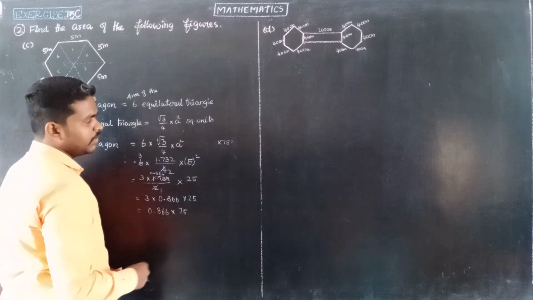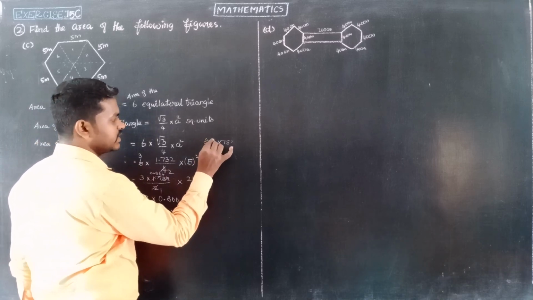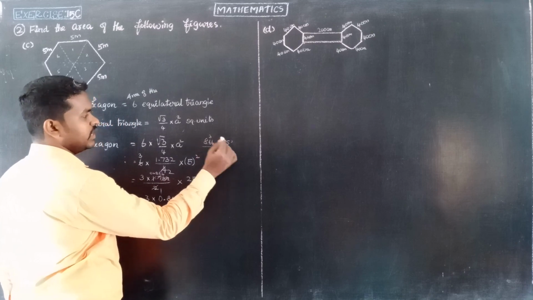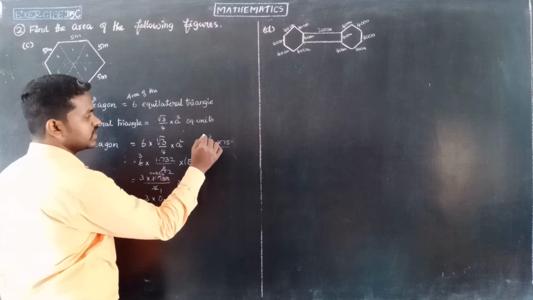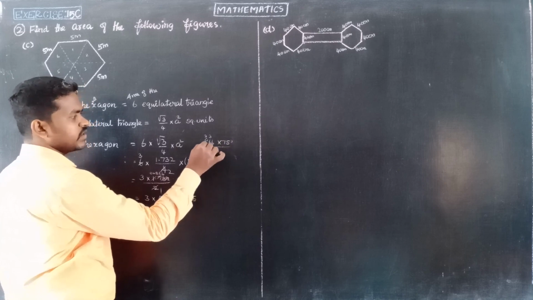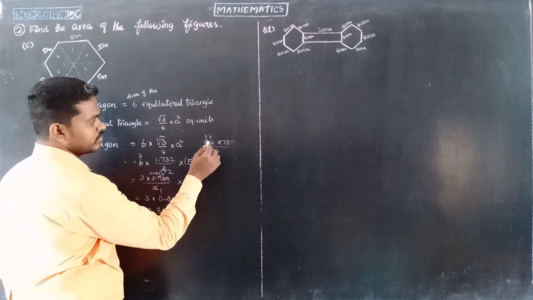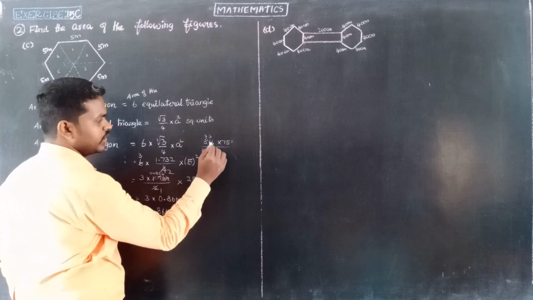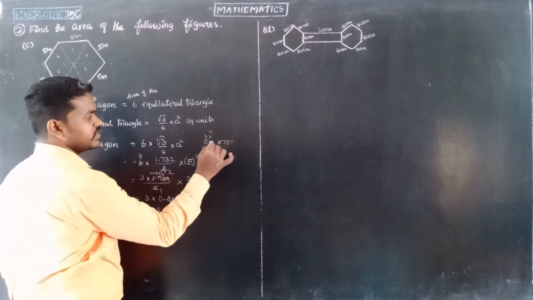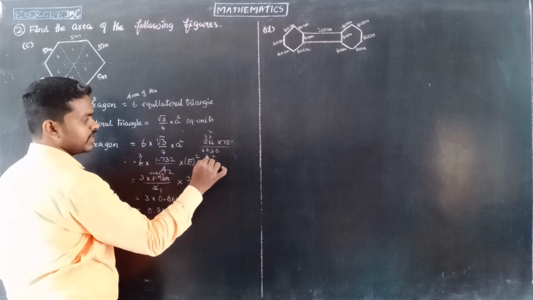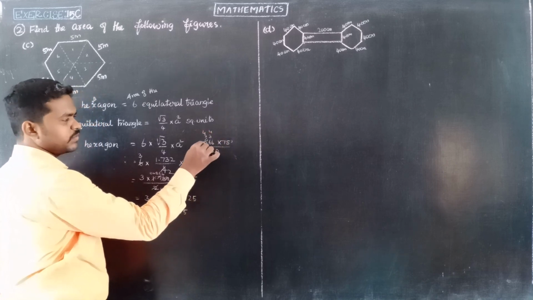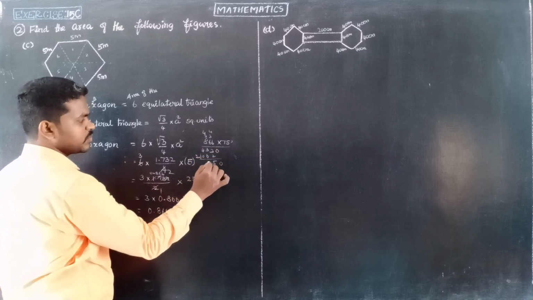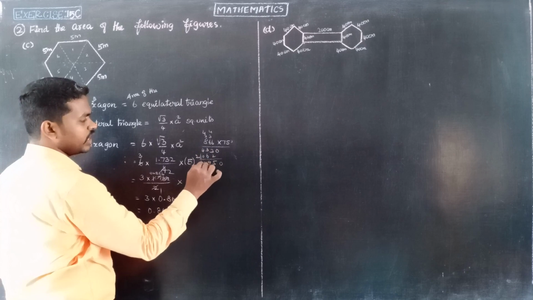Let's multiply 866 by 75 first. Multiplying by 5: 5 6s are 30, remaining 3, 5 6s are 30, 30 plus 3 is 33, remaining 3, 5 8s are 40, 40 plus 3 is 43. Now multiplying by 7: 7 6s are 42, remaining 4, 7 6s are 42, 42 plus 4 is 46, remaining 4, 7 8s are 56 plus 4 is 60. When we add, 0, 5, 6 plus 3 is 9, and 4, here 6 comes.